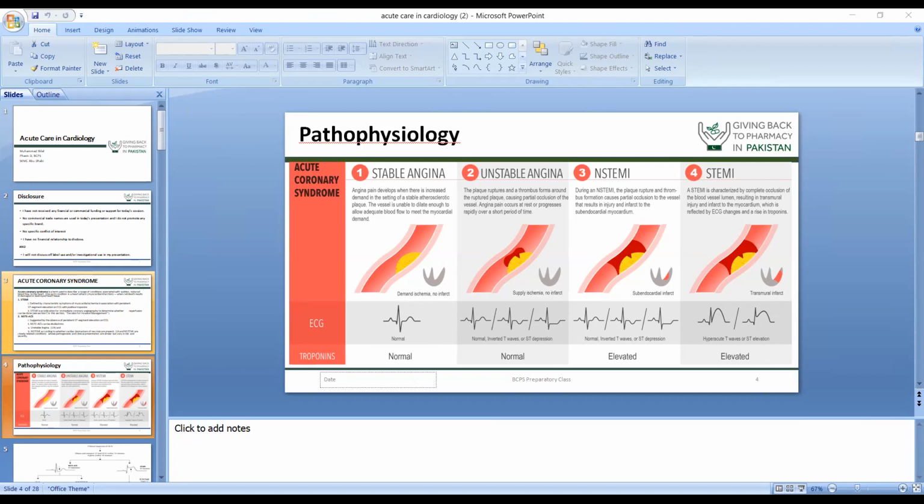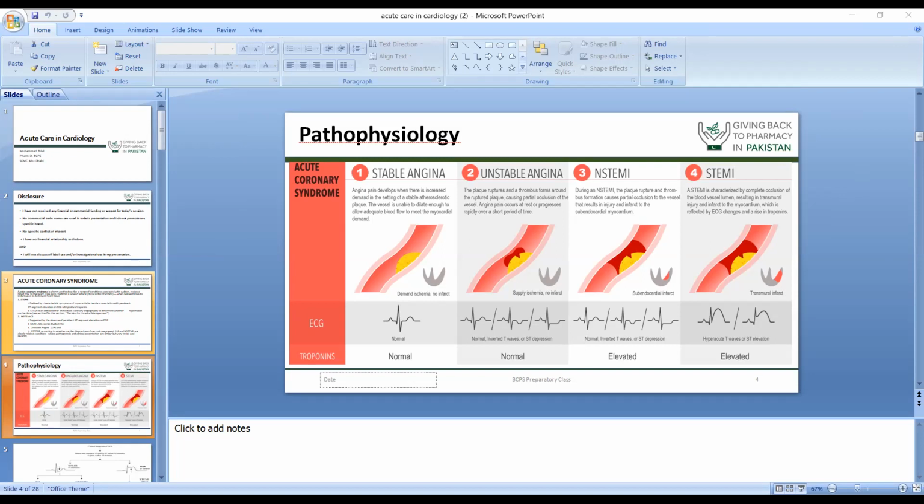Basic pathophysiology is the same: there is plaque and there is disturbance in the blood supply of the specific part. But how much of the blood supply is disturbed, meaning how much percentage is not being delivered to the parts of the heart, is the variation among stable angina, unstable angina, and STEMI.